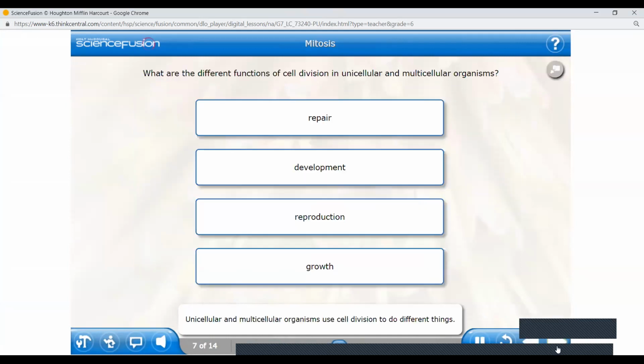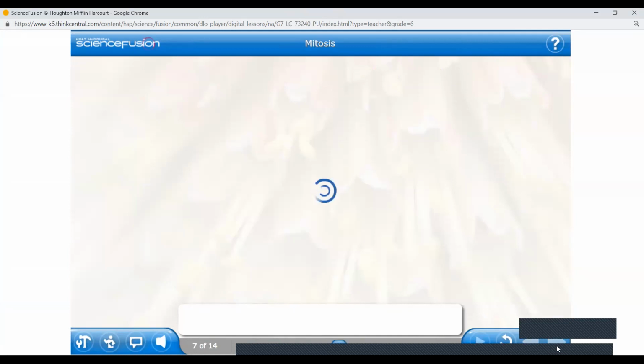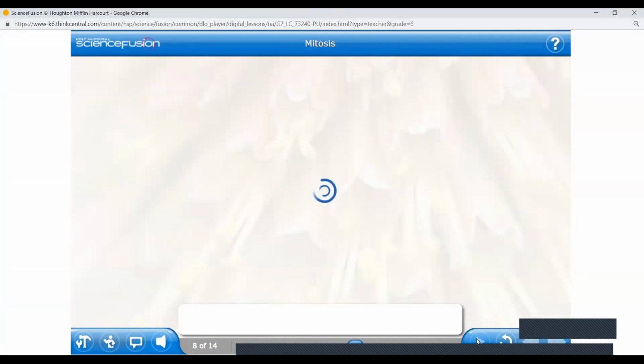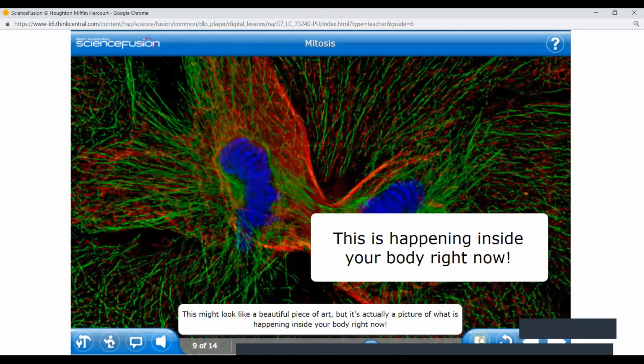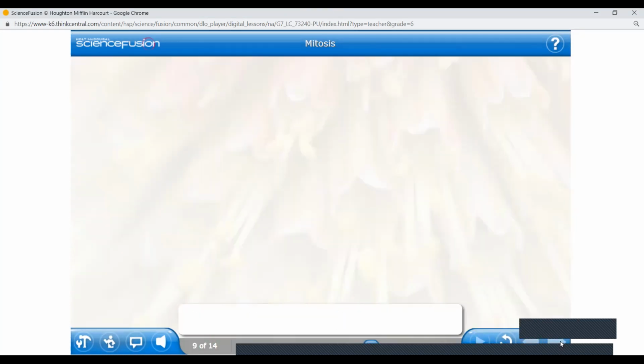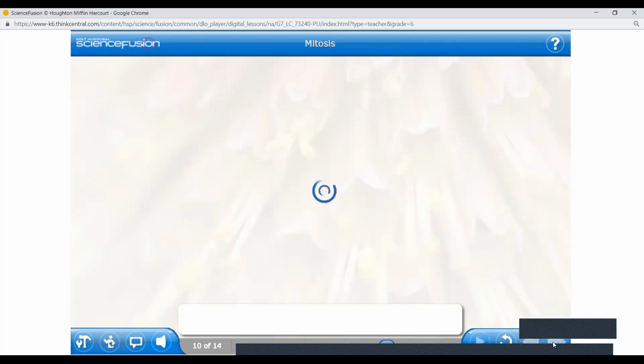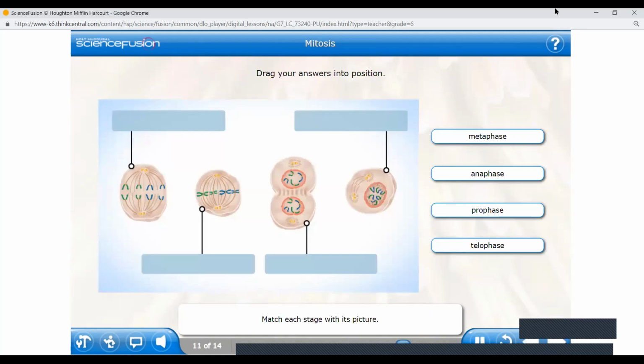Why do cells reproduce? The cell cycle is an ordered sequence of events. Match each stage with its picture. Drag your answers into position.